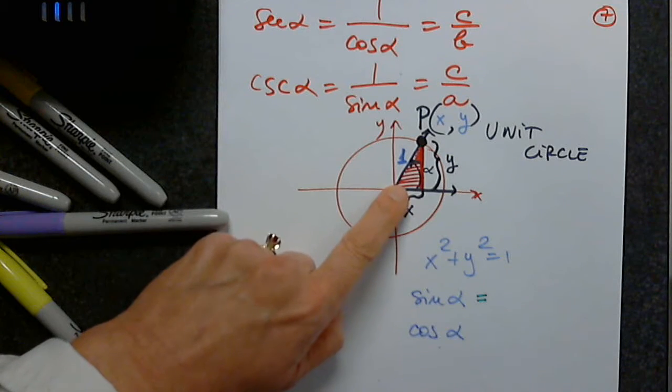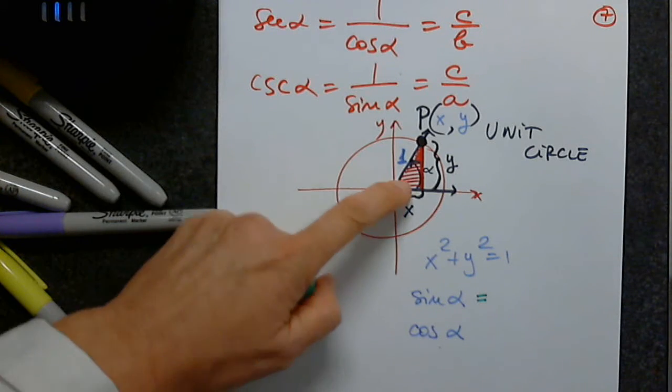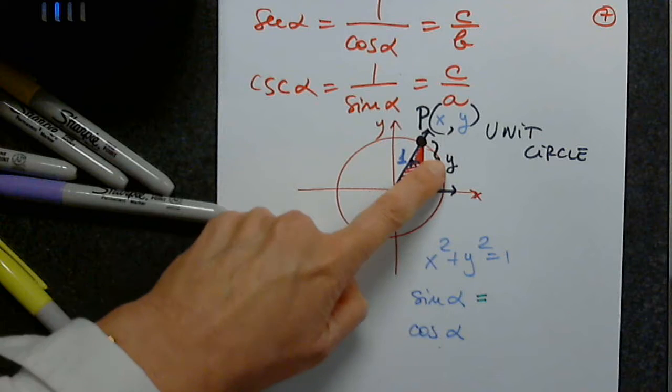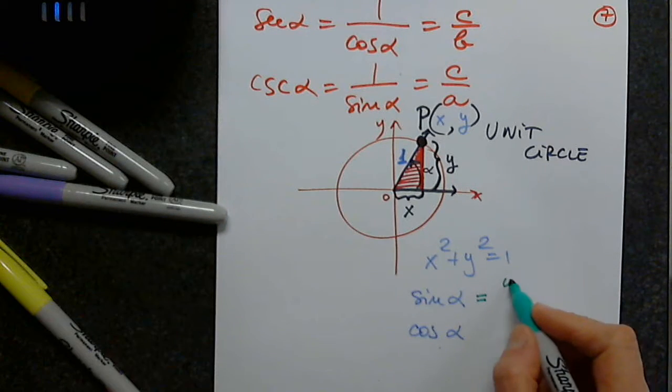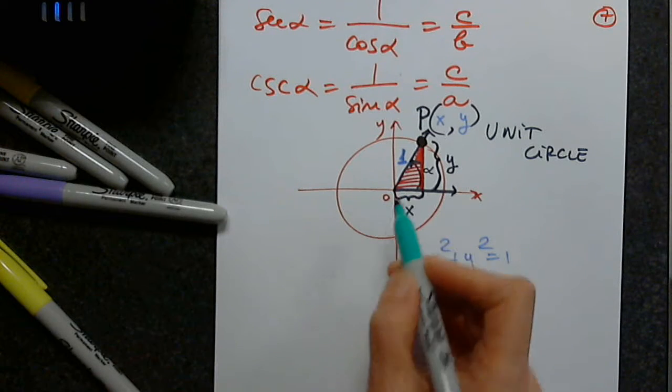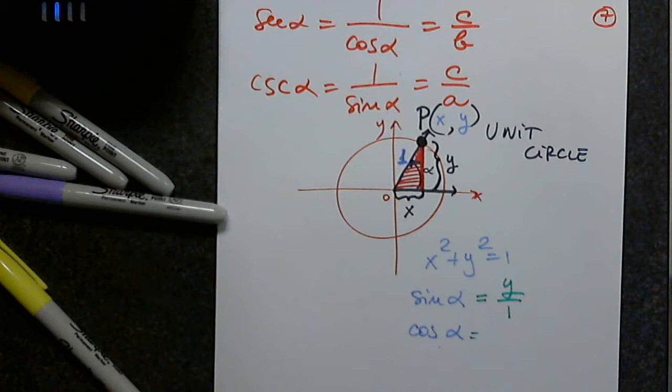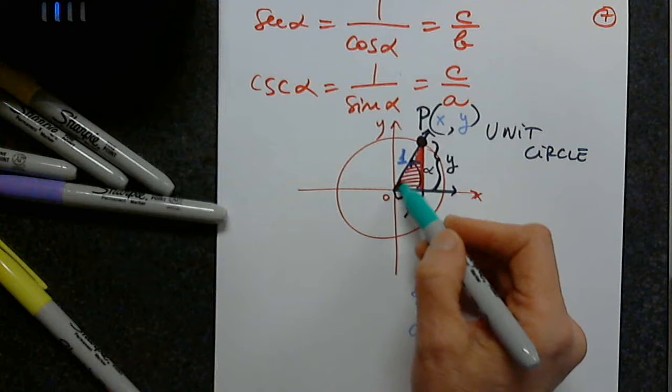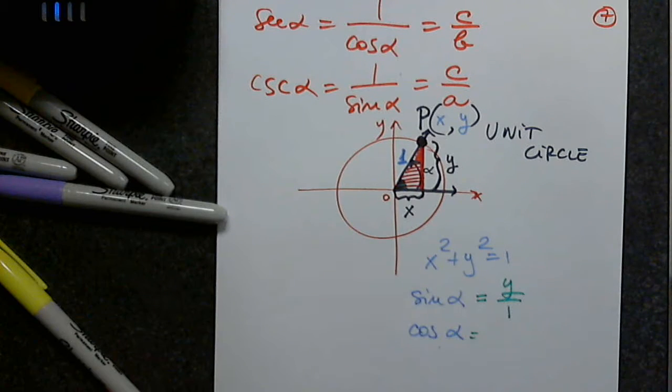So alpha is here. That's the angle. Yes, it's the opposite leg over the hypotenuse. This is the central angle in the standard position. This is angle alpha. Standard position, angle alpha. Can anyone give us cosine?